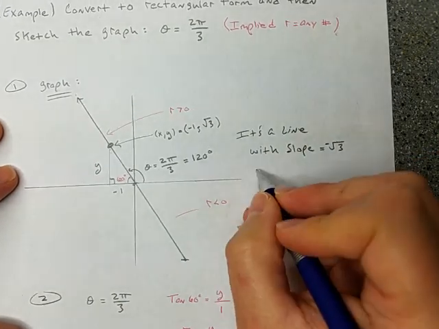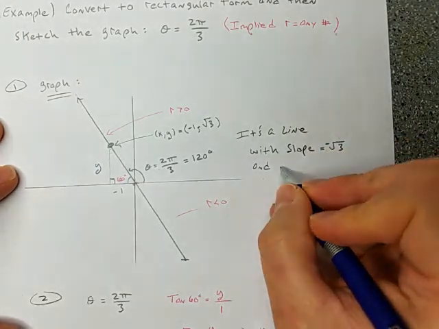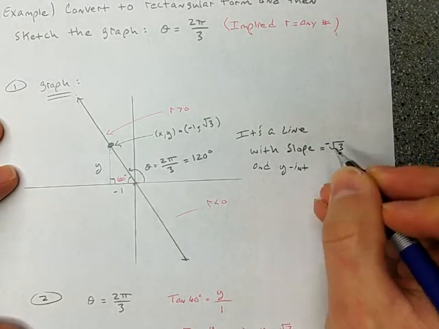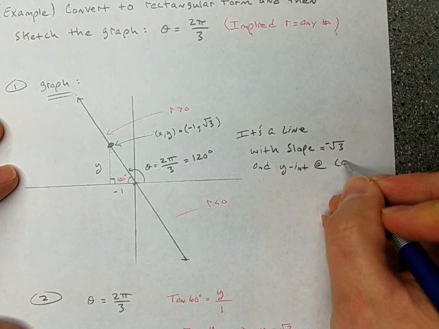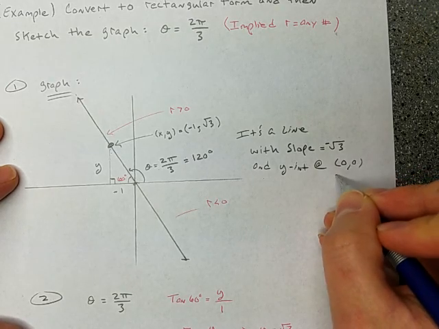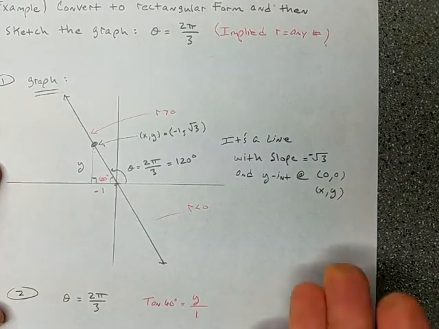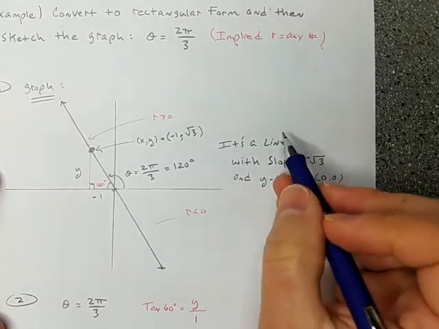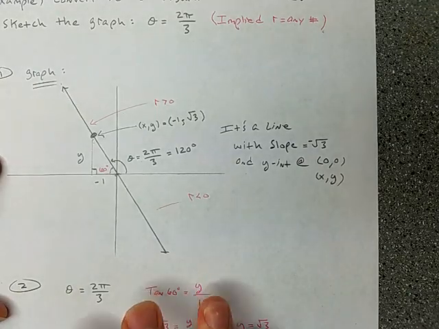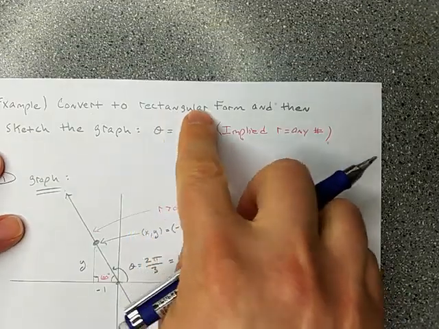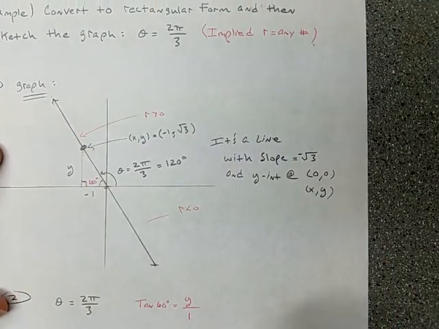Okay, and y-intercept at the origin. Now again, that's x and y coordinates. Okay, so I can give you the equation for that line. Initially, I just knew it was a line. Now, for the purposes of giving you the rectangular form for the line, then I'll say this.